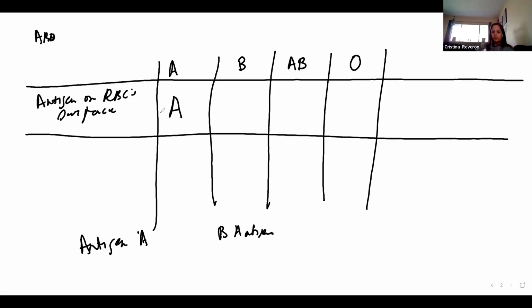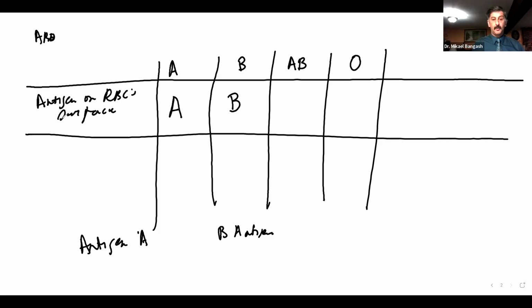Yes. Okay. Now, if somebody, for instance, is blood group B, that is because that person's red blood cells have the B antigen. And where is that B antigen found? On the surface of the red blood cell.